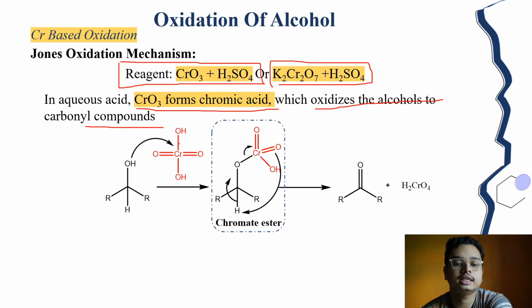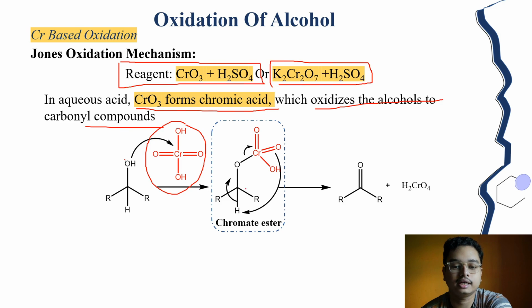Initially, this is the chromic acid that is generated in presence of H2SO4. Now, this oxygen lone pair will attack the chromium, and then it will do a certain rearrangement to get the chromate ester, and it looks like this intermediate.